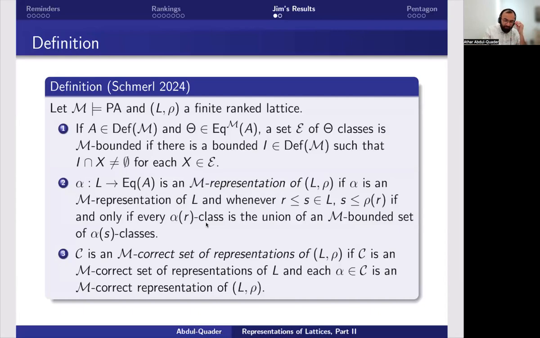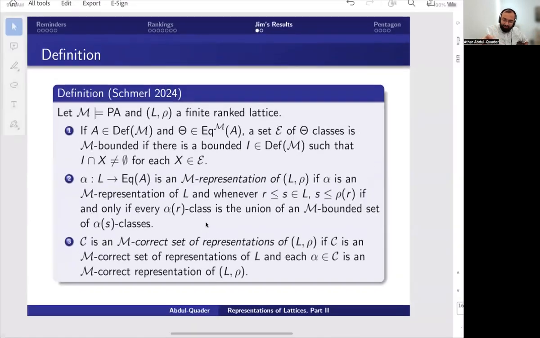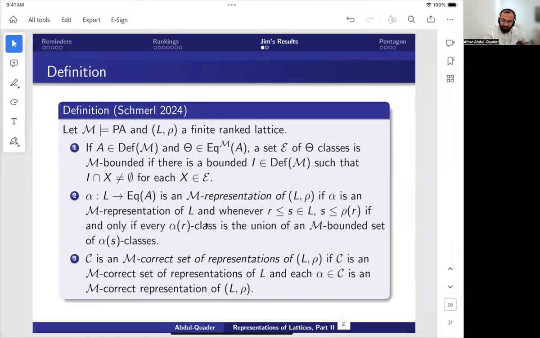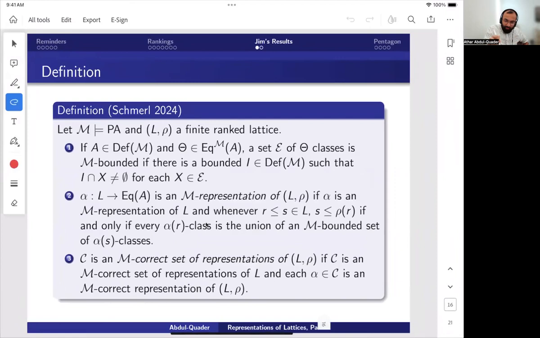If the rank of R is equal to itself, right? So this tells you something about when, if you have two models in the interstructures, one of them is cofinal in another.